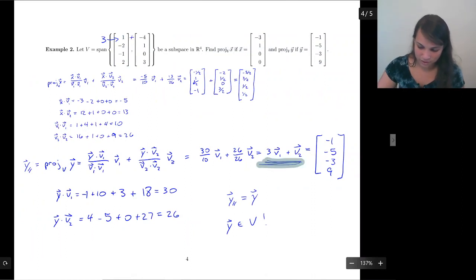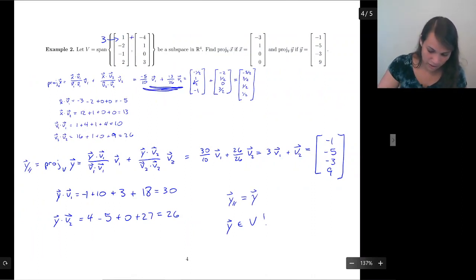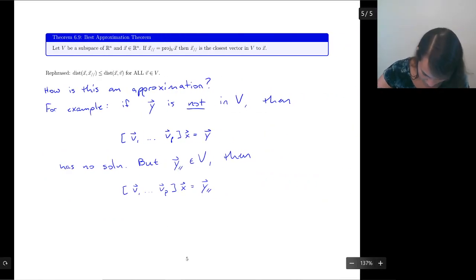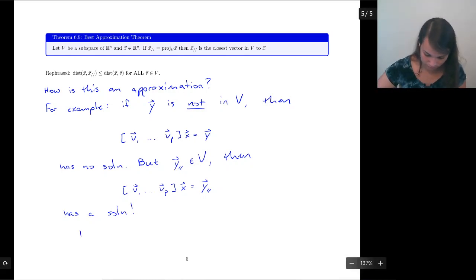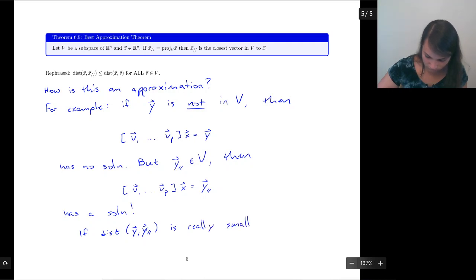It's a linear combination of the basis vectors. So then this has a solution.